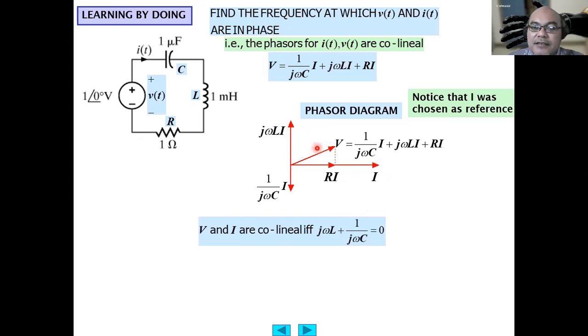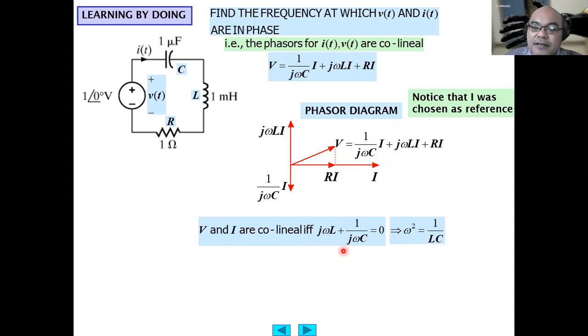So from here, this is only collinear. V will be collinear with current if and only if this equals to this one. They cancel each other. So j omega L plus I divided by j omega C should be equal to 0. Then this moves to the other side, negative.